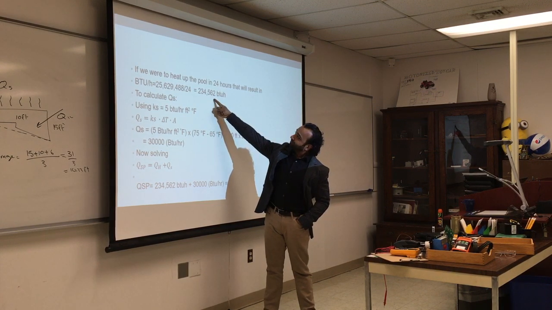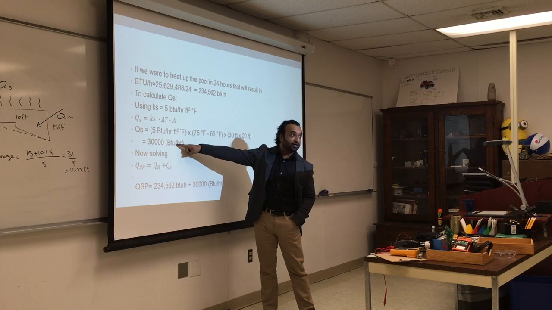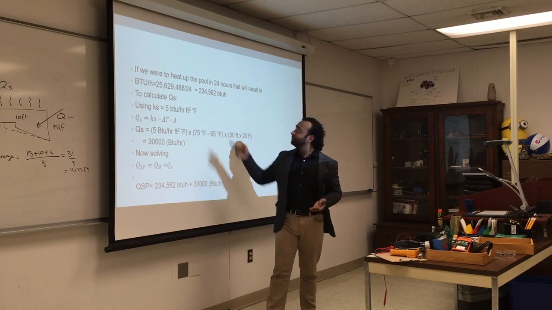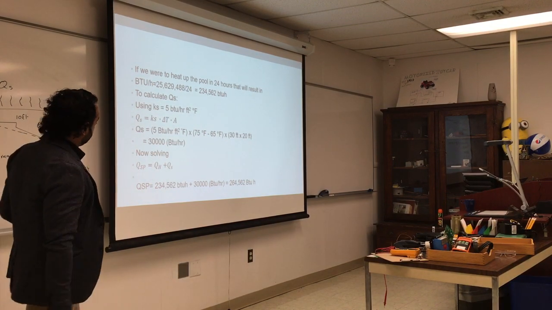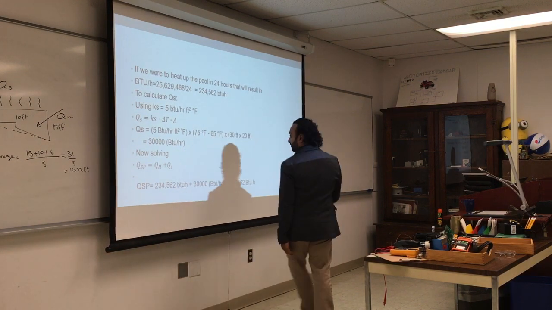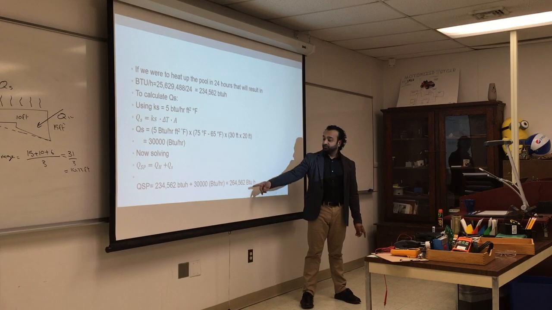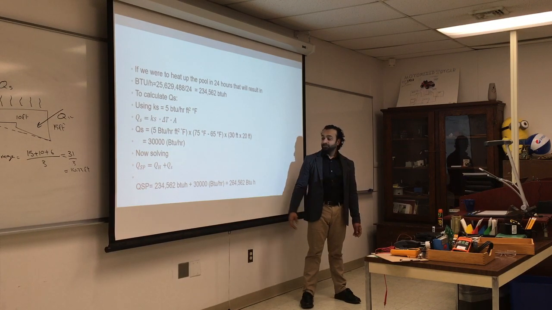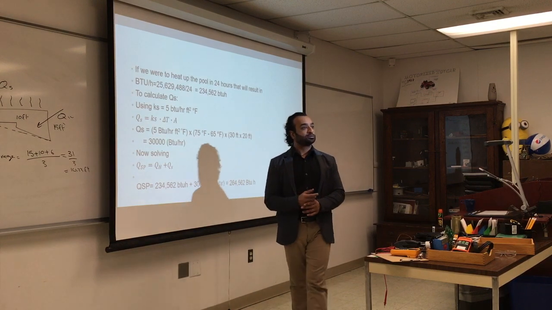So I have to add this heat per hour to this heat per hour to get whatever heat I have to put in. Because as I'm putting 250,000 BTUs, I'm losing 30,000, and this is what you get out of those two. So eventually I have to add 264,000 BTU per hour to heat that pool in 24 hours.